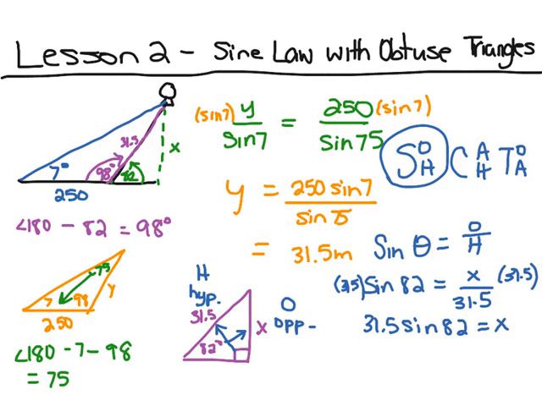And you should get 31.2 meters is equal to x. So the height of the balloon is 31.2 meters above the ground.